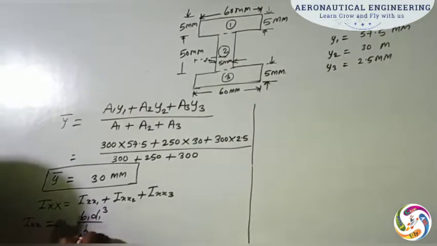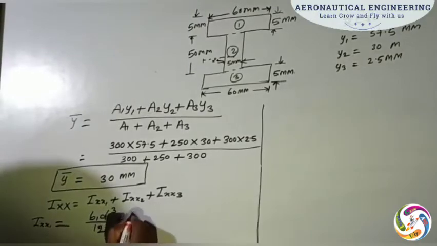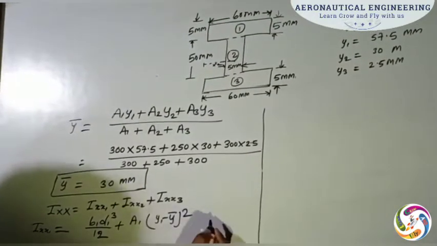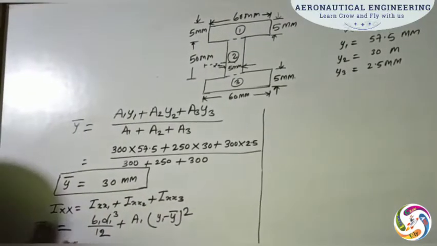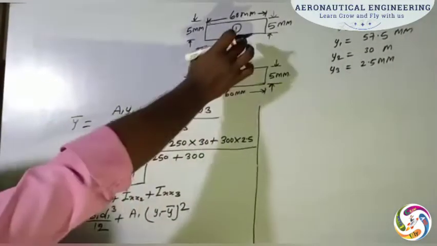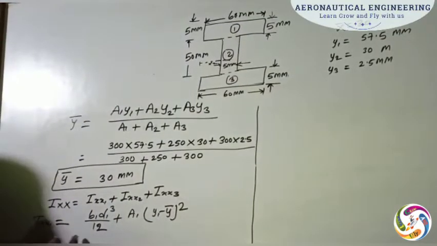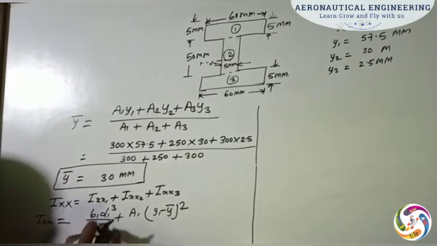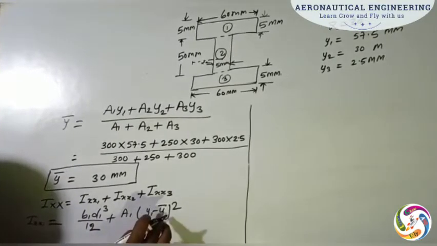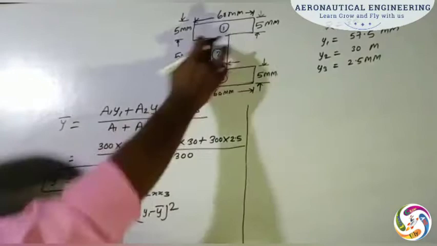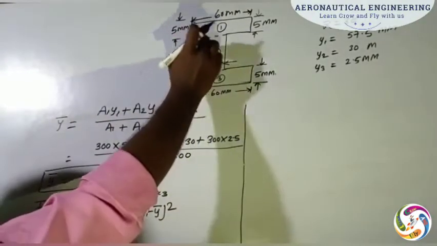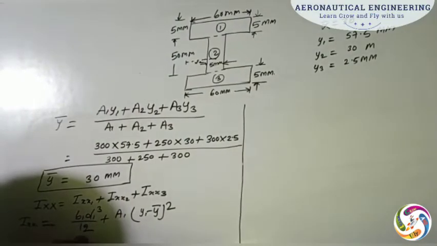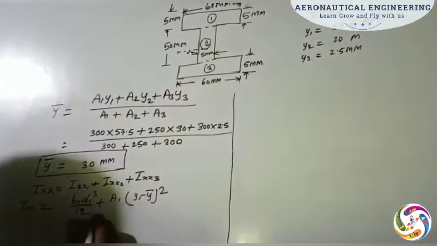Now Ixx1 equals b1 d1 cube by 12 plus A1 times (y1 minus y bar) whole square. Why are we taking this formula? Because the given section is rectangular. So to calculate the moment of inertia of a rectangular section, we use this formula, b1 d1 cube by 12 plus A1 (y1 minus y bar) whole square, for the first section. For the first section, breadth is 60 mm, depth is 5.